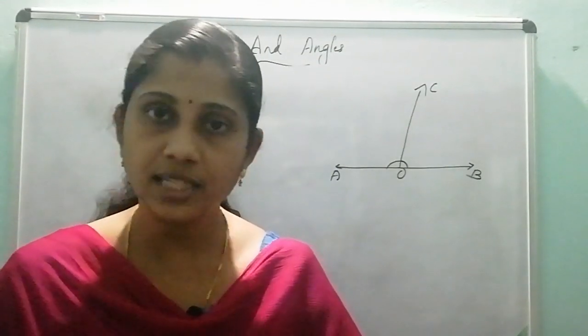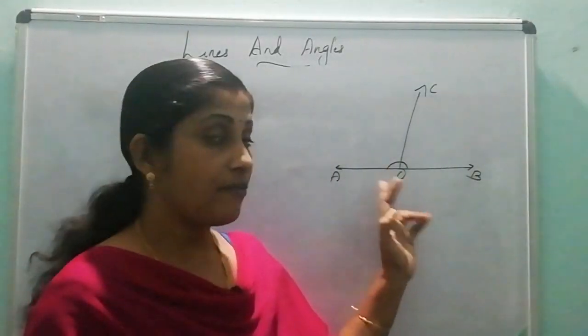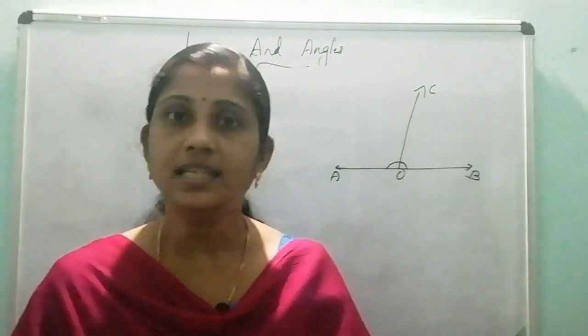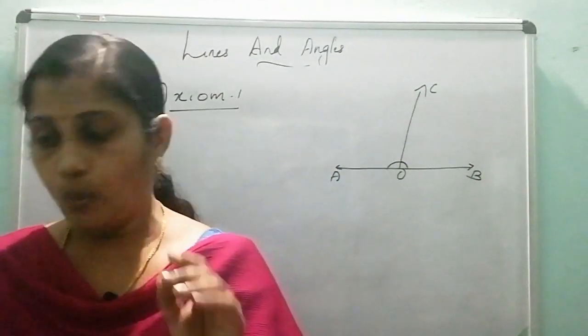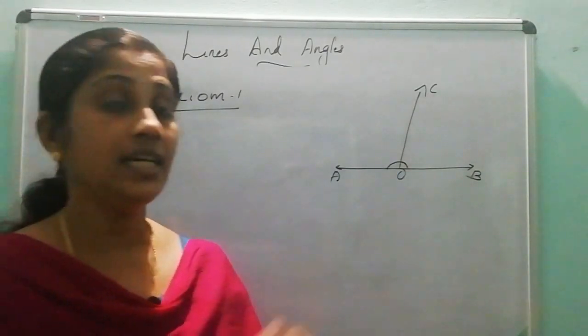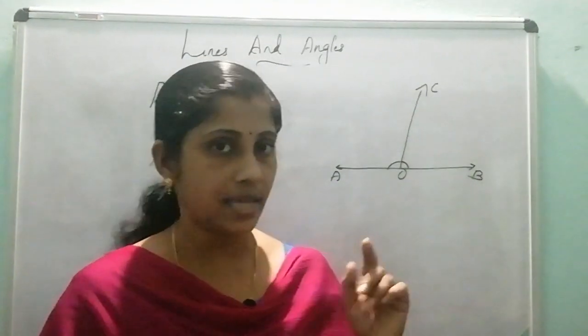By combining these two, when the sum of the two adjacent angles is 180 degrees, then the angles are called linear pair angles. That is axiom 1.